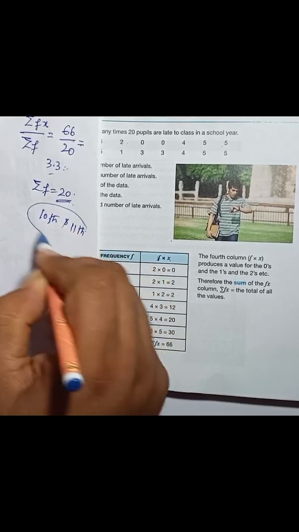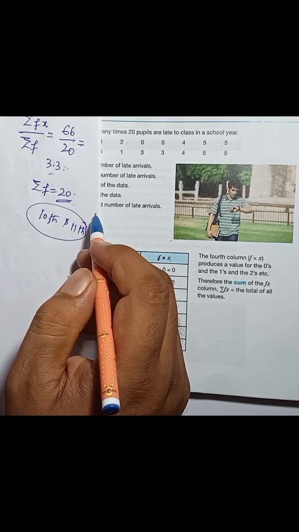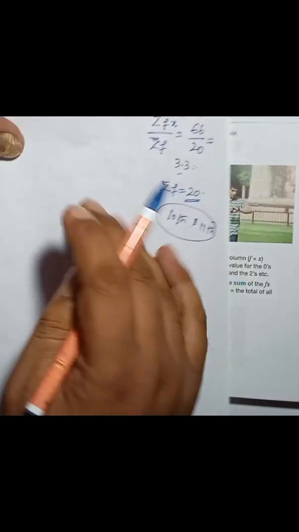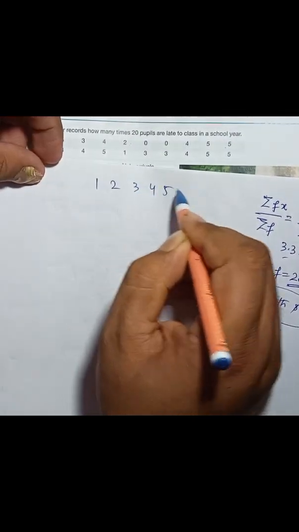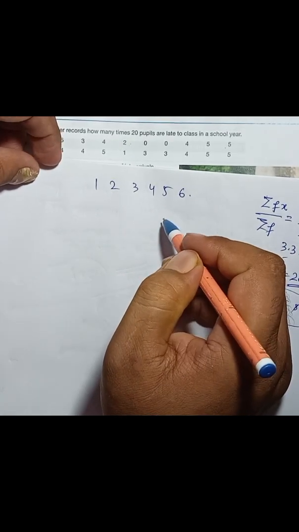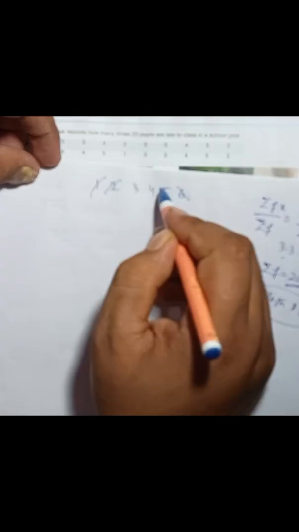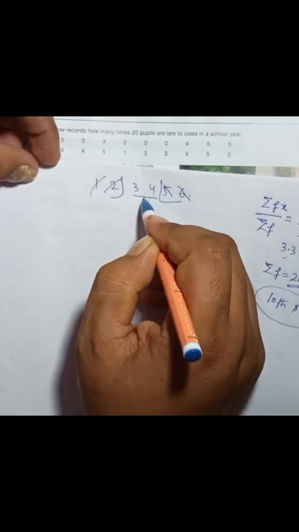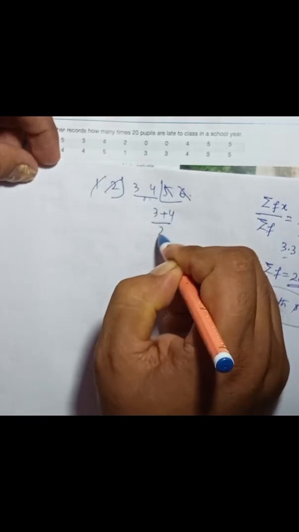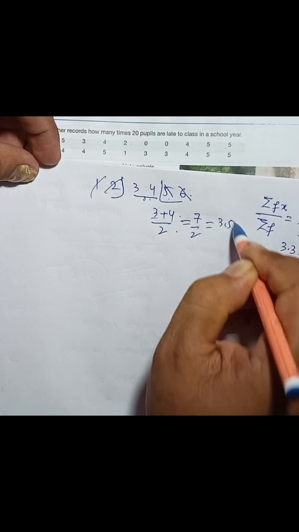You can see in the first chapter of handling data, you have understood how to find the median. If I have 1 2 3 4 5 6, an even number of terms, then with one term on one side and two terms in the middle, I have to find the mean of these two. 3 plus 4 divided by 2, that is 7 by 2, that is 3.5.